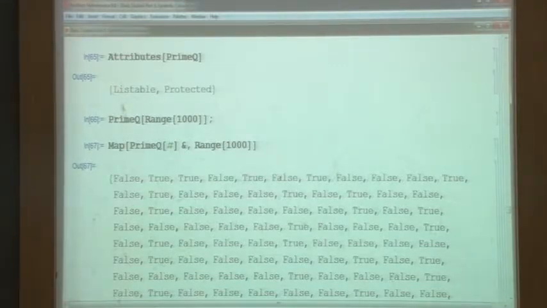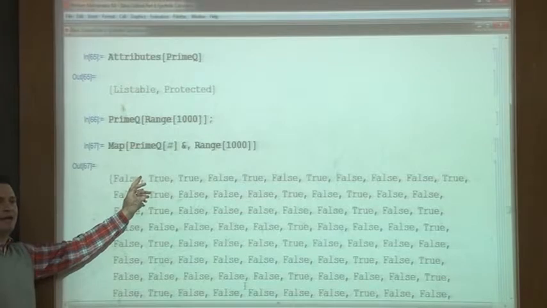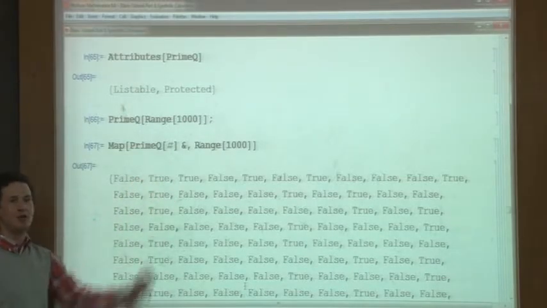Now, in this case, the problem is, okay, I got the false, I got the true, but I don't know to what numbers that belongs, right? So, how about if I want Mathematica to tell me not only false, but to tell me 1, false, 2, true, 3, true.